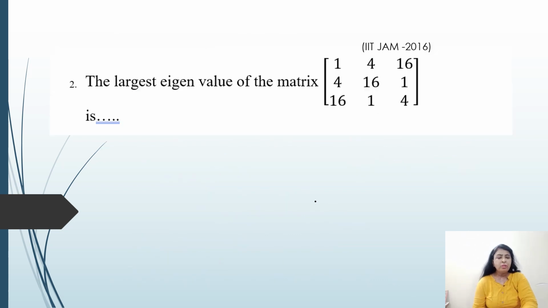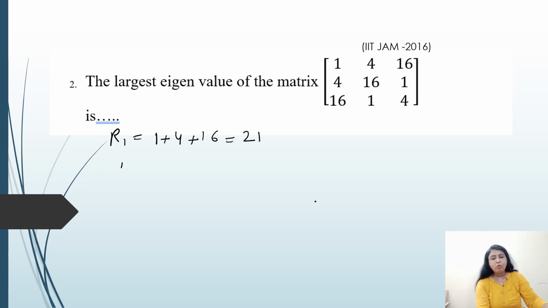Now the next question is, find the largest eigenvalue of the matrix. This question was asked in IIT JAM 2016. So how do we find it? We will find the row sums. The sum of the elements of the first row R1 is 1 plus 4 plus 16, which is equal to 21.